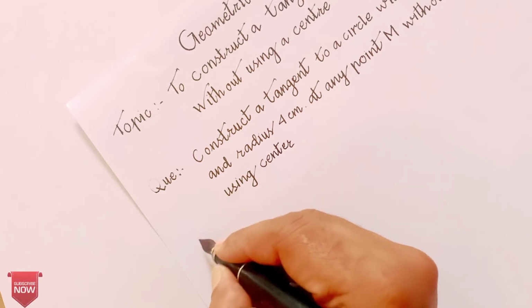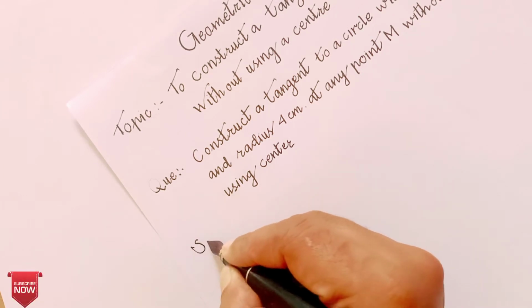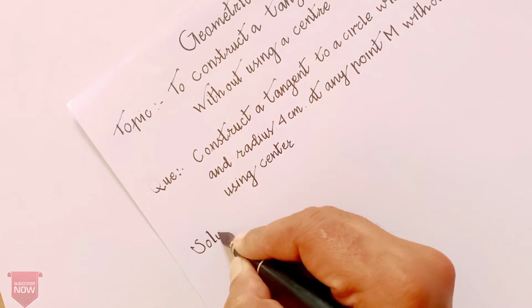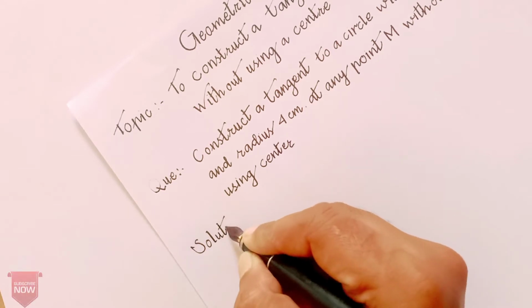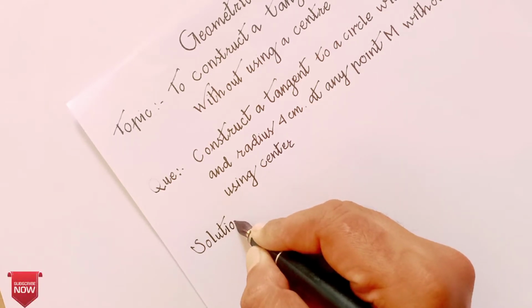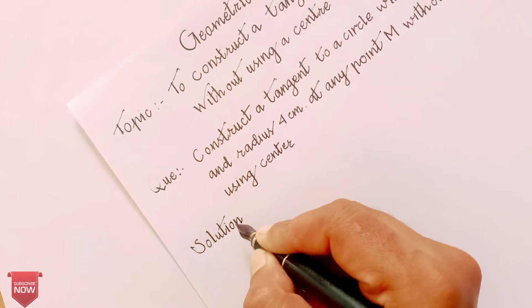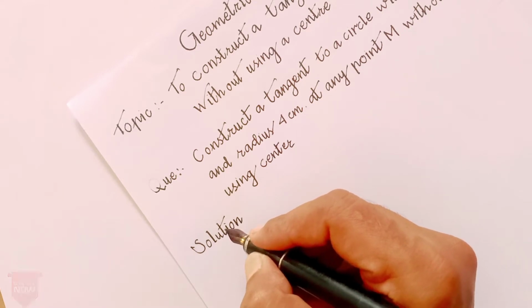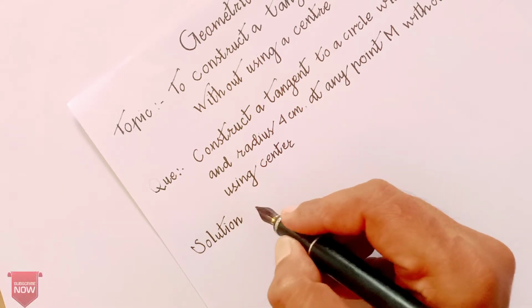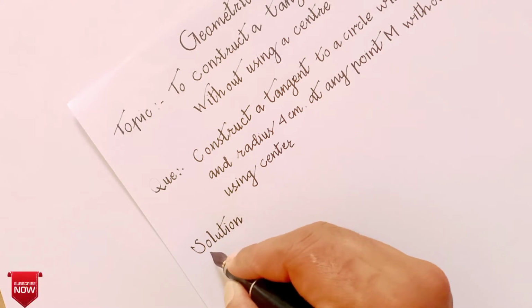Now you see here, construction. For that your requirements are your scale, rounder, pencil, rubber, all these are very essential.